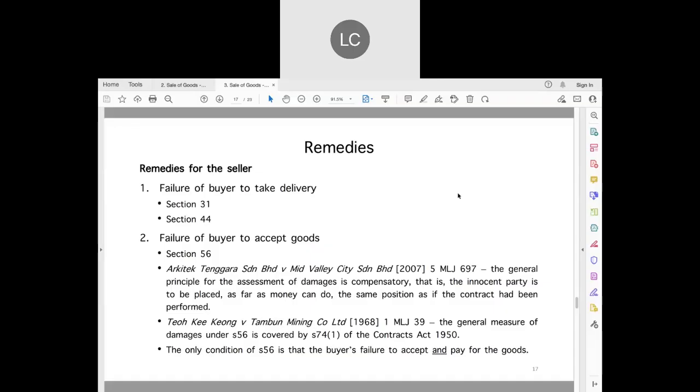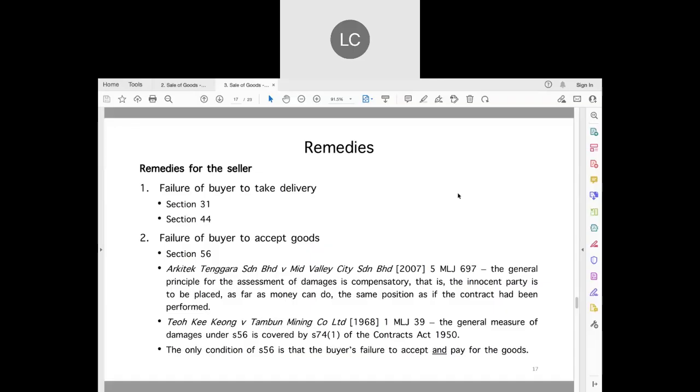The price of 800 ringgit per ton is higher than market price, but that does not matter because that was agreed by the buyer and the seller. So let's say the market price is 700 per ton. Y, the original buyer, refuses to receive and refuses to pay.